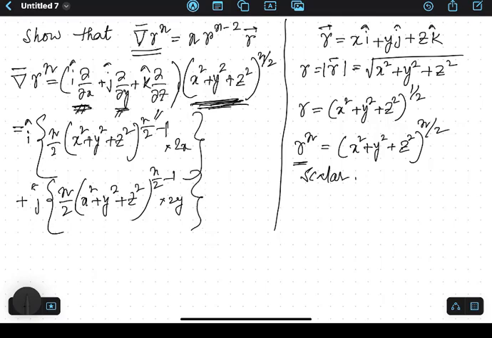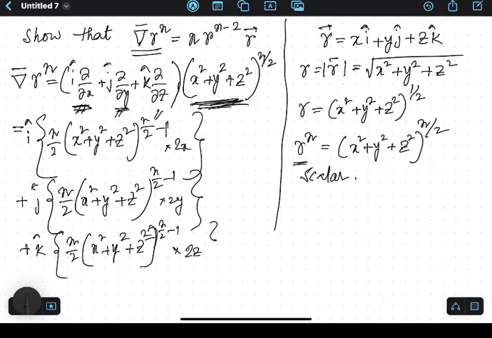So this is the part of del y. Similarly for del z, I have n by 2, x square plus y square plus z square to the power of n by 2 minus 1, and then del z will act on x square plus y square plus z square. x square 0, y square will give 0, z square I will get as 2z, and the bracket closes.